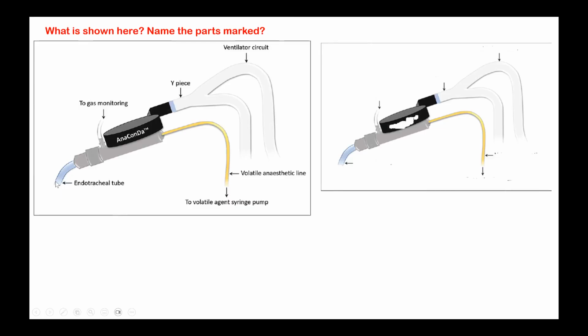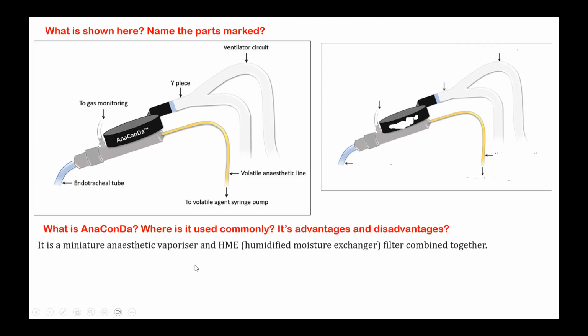So the patient is intubated and on mechanical ventilation. The volatile anesthetic agent is filled in that, and it is being reused by rebreathing. Okay, so that is the Anaconda vaporizer. It is a miniature anesthetic vaporizer and an HME filter combined together. It is a combination of both.